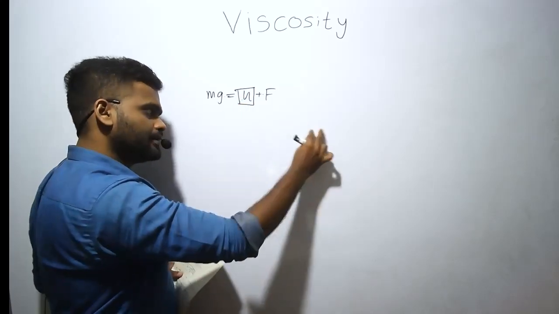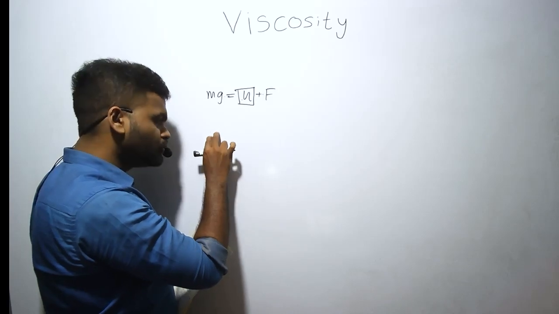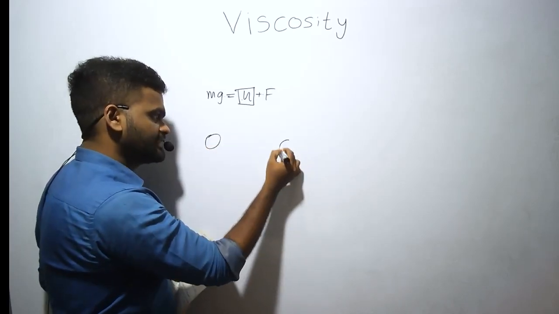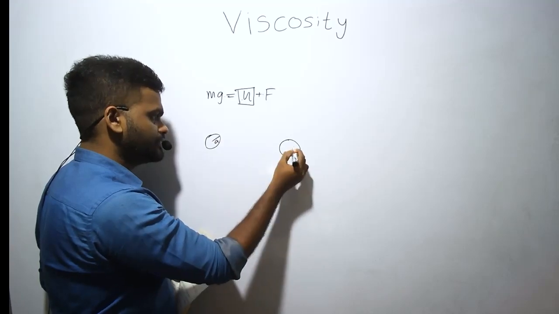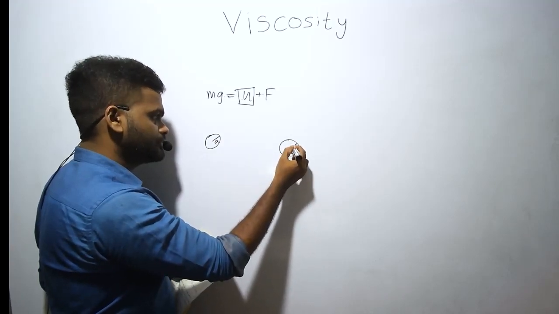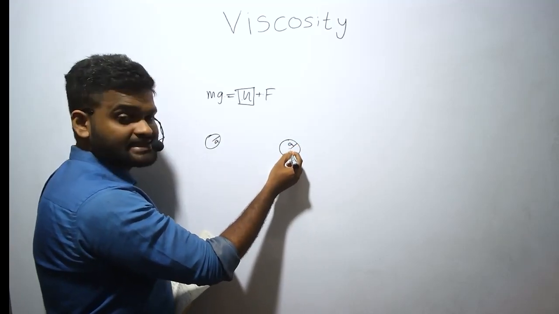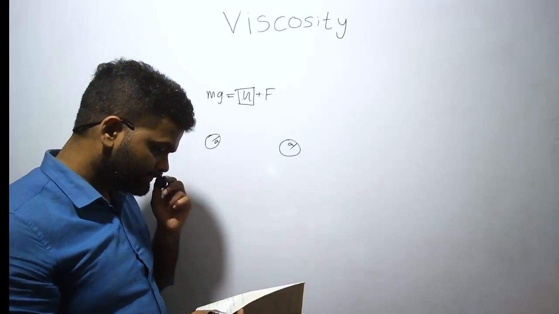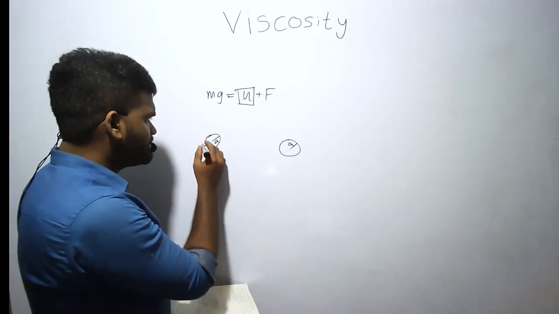When you compare two solid spheres, that's what it says in the question, you have the same radius but the masses are different.